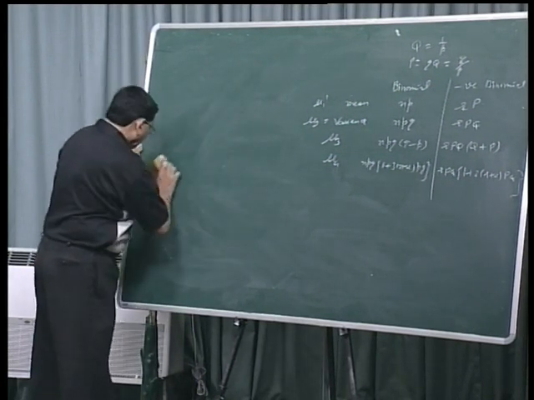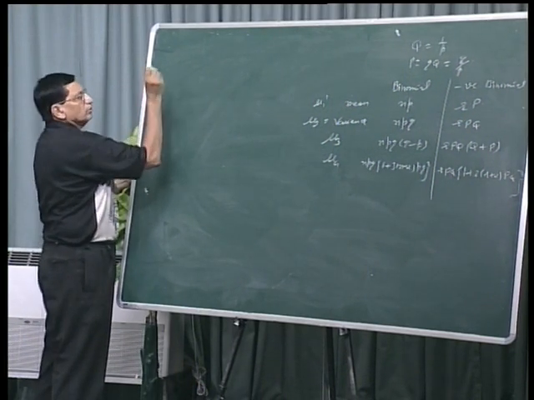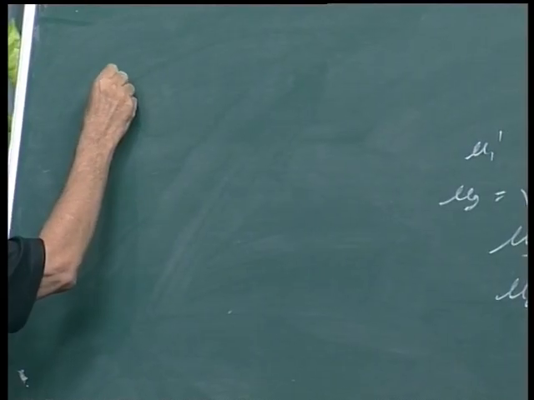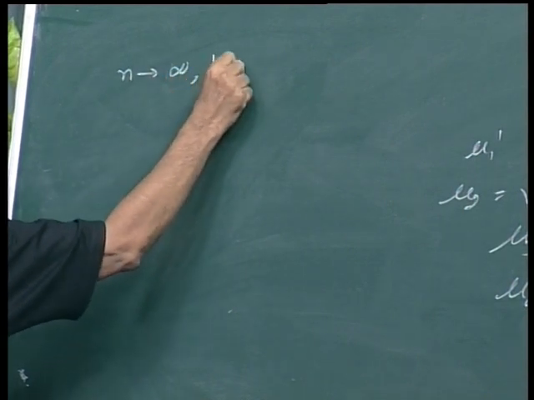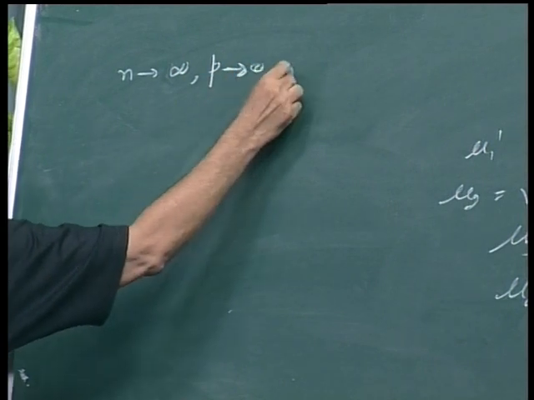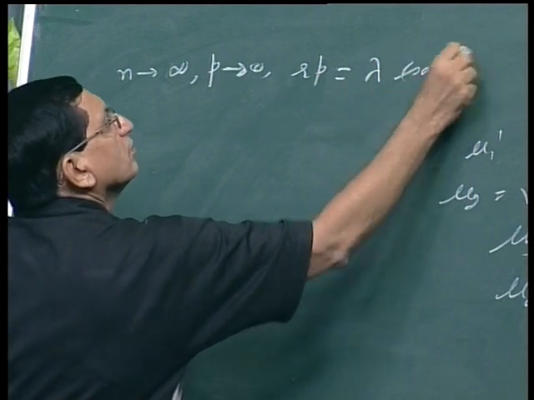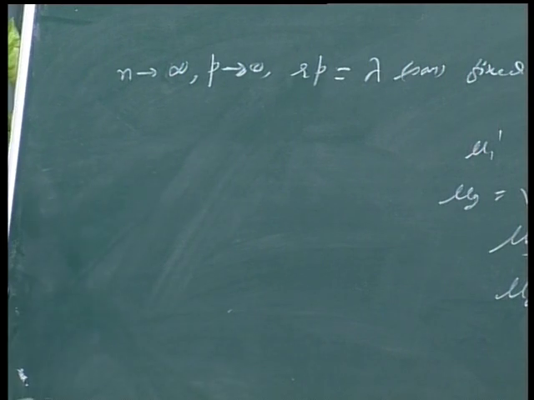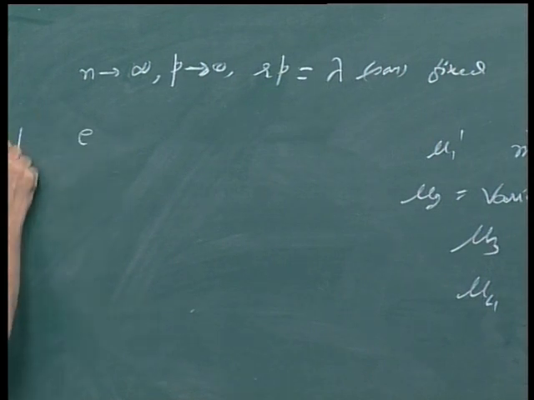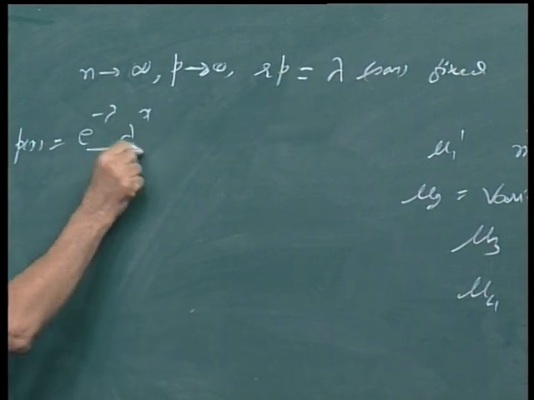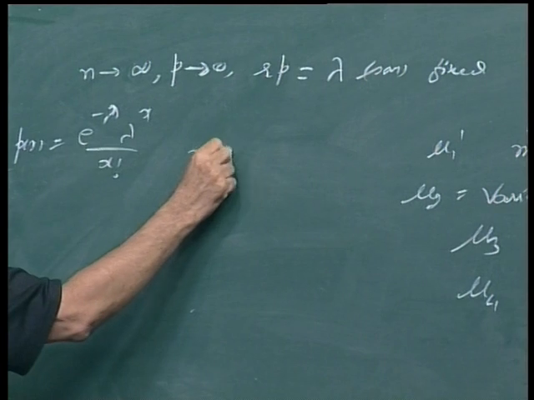Now, I just give you some comparison of binomial and negative binomial. In binomial distribution, if you remember, when n tends to infinity, n is very, very large, p, the probability of success, is very small, p tends to 0, and np is fixed, say lambda, then the probability function of binomial distribution approaches e^(-λ) λ^x / x!, x running from 0, 1, 2 and so on.